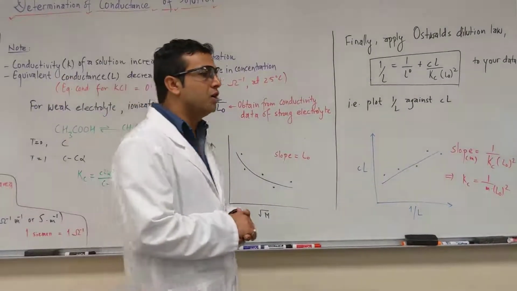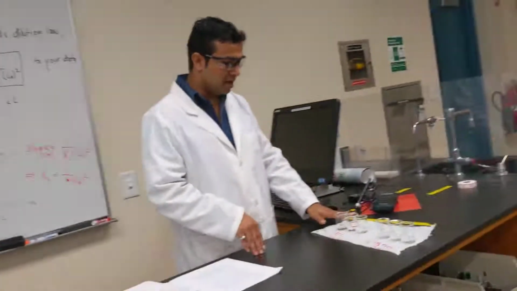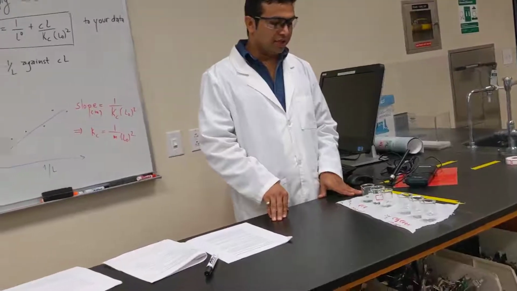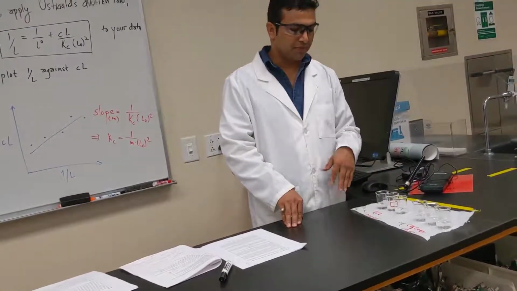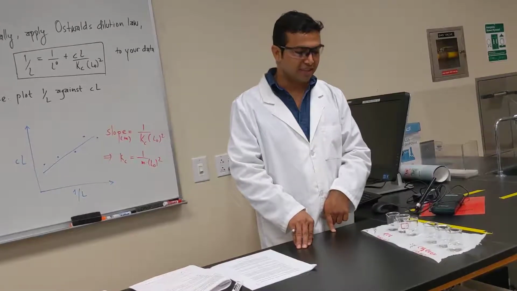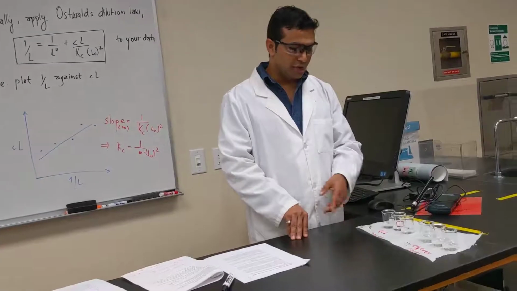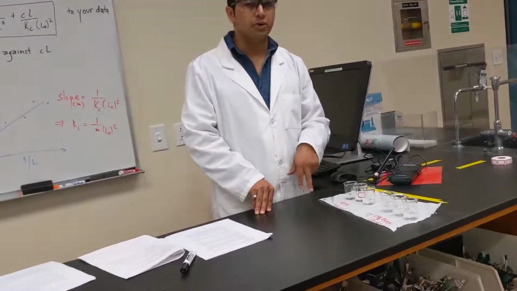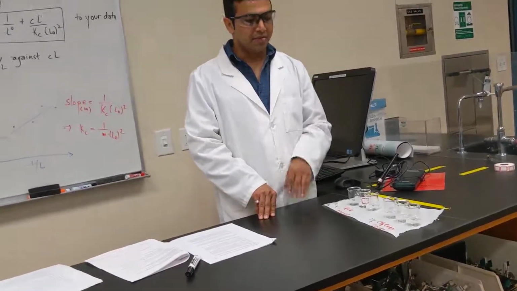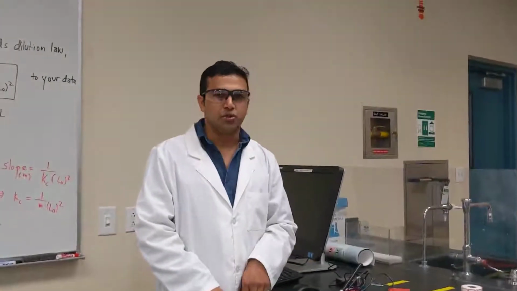So let me show you how to do this experiment, right? So you can see here, I have prepared different solutions of KCl and CH3COOH, acetic acid, right? So first you can prepare the stock solution of 0.02 molar KCl, and the same 0.02 molar of CH3COOH, right?